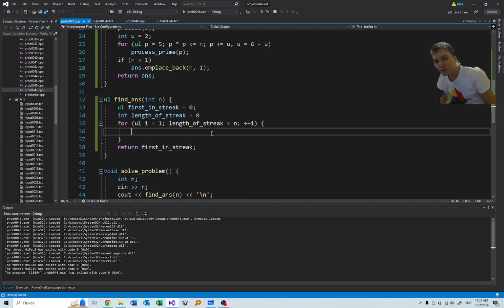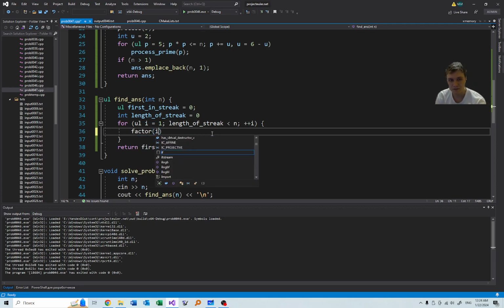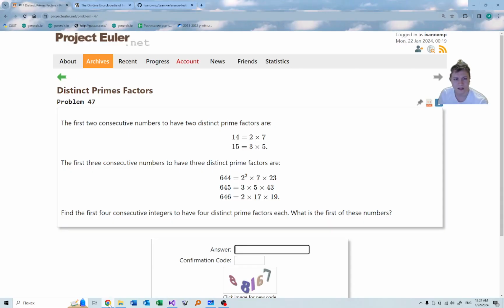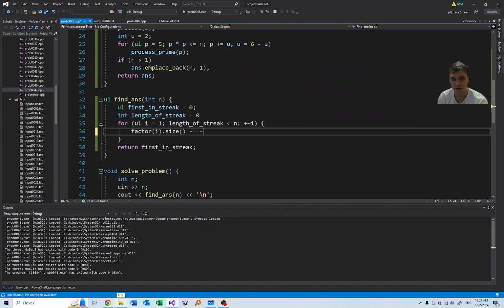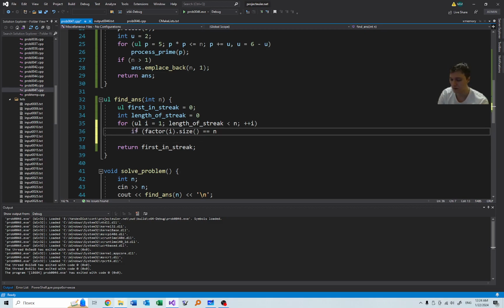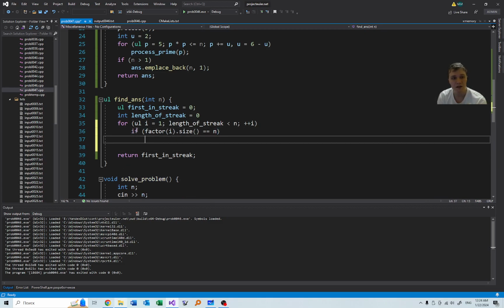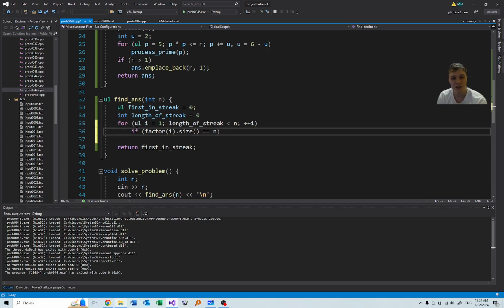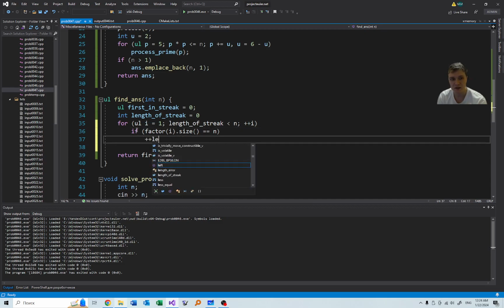So what do we do here? We factor number i, take its size, and this is a number of primes. And if this number is exactly n, then we would really like to plus length of streak.